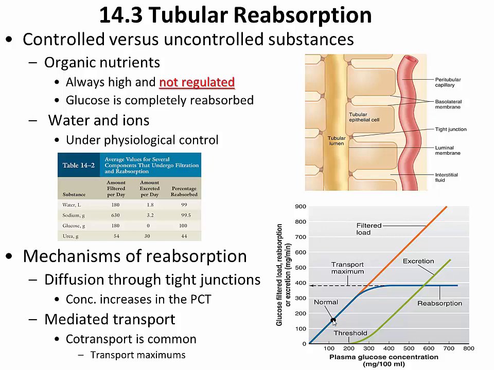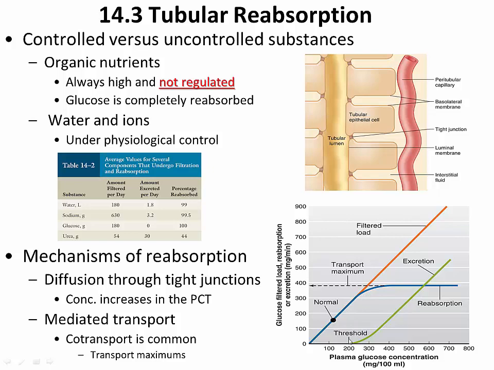However, in situations such as diabetes, when you have very high levels of glucose in the plasma, if we continue to go up past 150 milligrams of glucose per 100 mL, then eventually we get to a point where we do start to see glucose in the urine. We get to this point because we eventually reach this transport maximum.